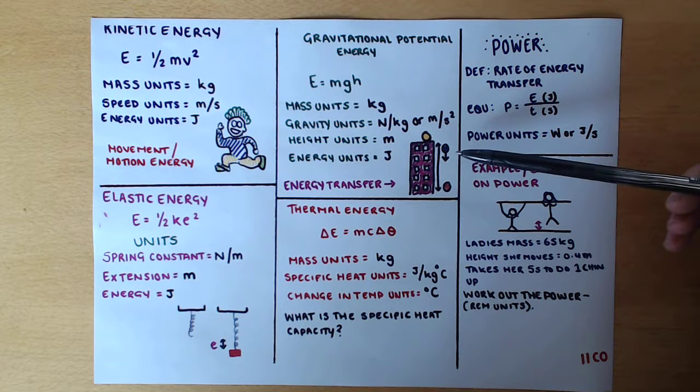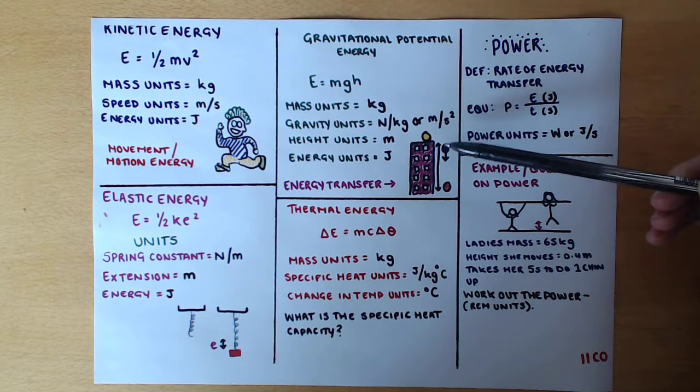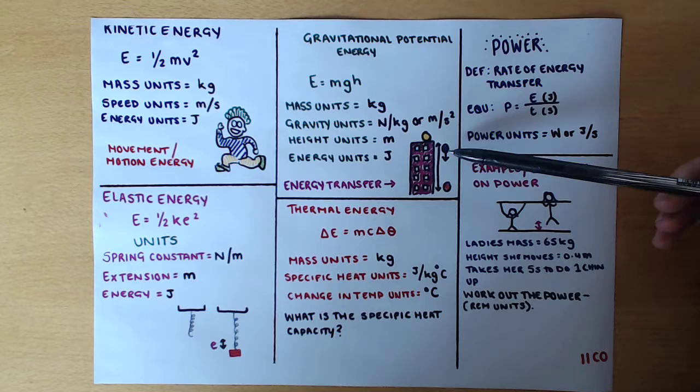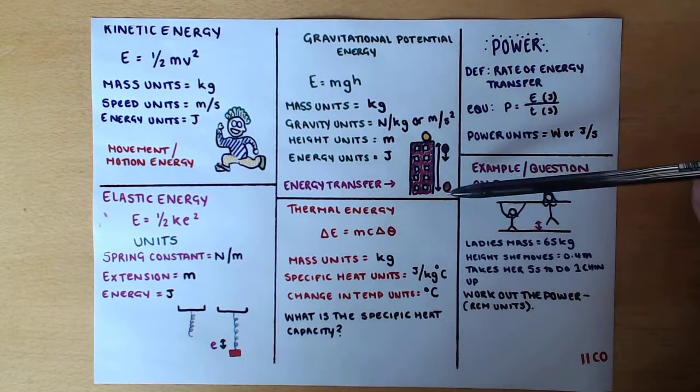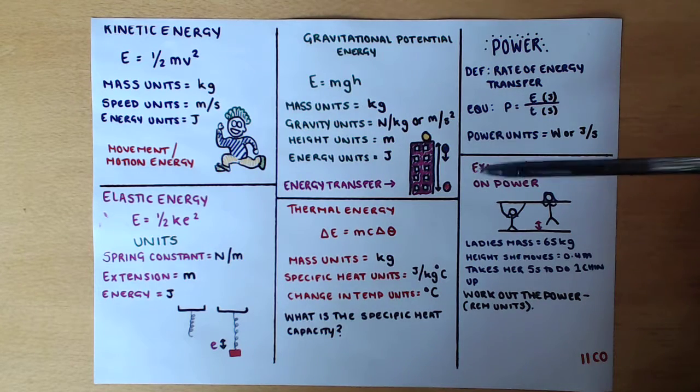But the blue ball here has its gravitational potential energy lowering, but its kinetic energy increasing because it's moving at a higher speed. And you can see that the red ball has hardly any gravitational potential energy because it's not a distance above the ground.